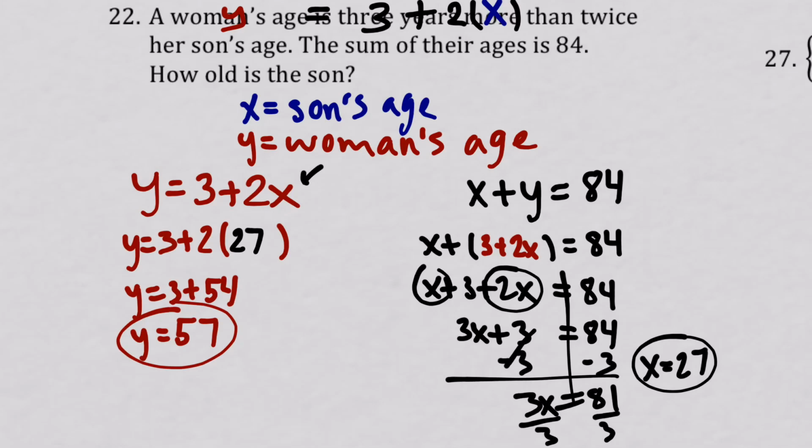There you go. The question is, how old is the son? We called X the son's age, therefore the son is 27 years old. And if they asked us for how old is the woman, we would say y equals, her age is 57, because we got y equals 57.